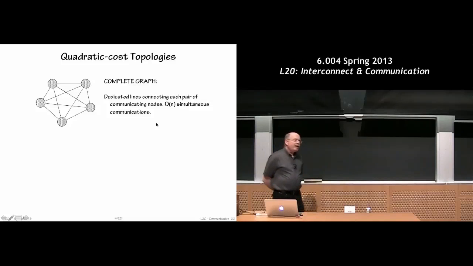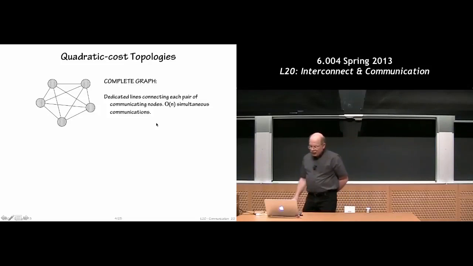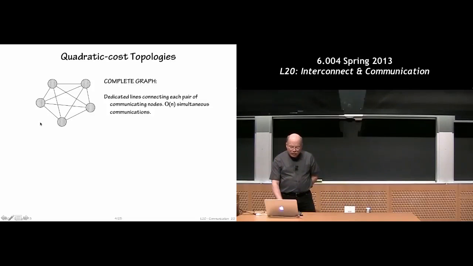Moving up a level, we can talk about costs as they scale with the number of nodes. Here we have a complete graph, so all the nodes can choose to communicate with each other at any given time. The hardware is quite expensive because each node is prepared to transmit and receive to all of its neighbors at the same time, not just a single neighbor.